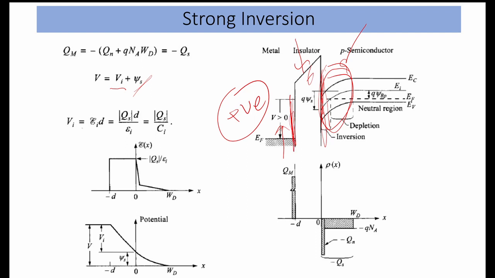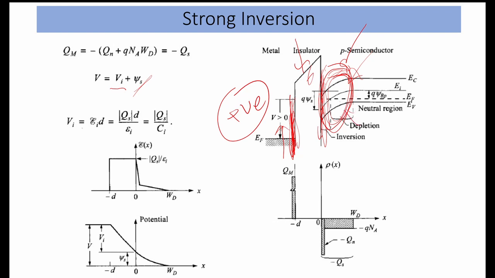So we can assume it is a parallel plate capacitor kind of thing. The charges are at this interface, and in the semiconductor there are charges at the interface as well as the immobile ions in the bulk here, in the depletion region.